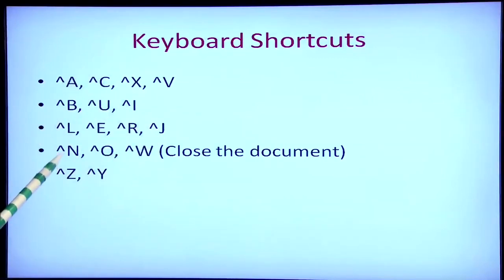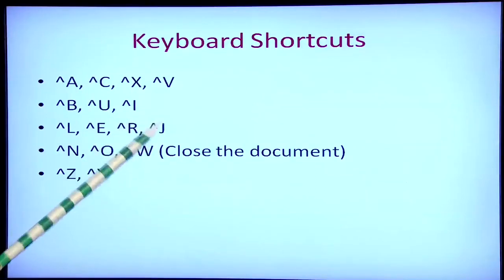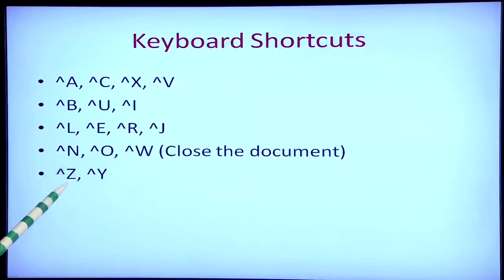Control N is to create a new document, Control O is to open a document, and Control W is to close a document. Control Z is for undo, and Control Y is for redo. So, these keyboard shortcuts are also available, which make the job of working with documents easier.